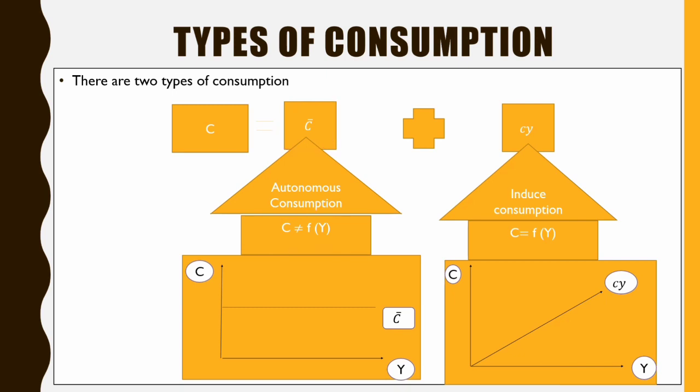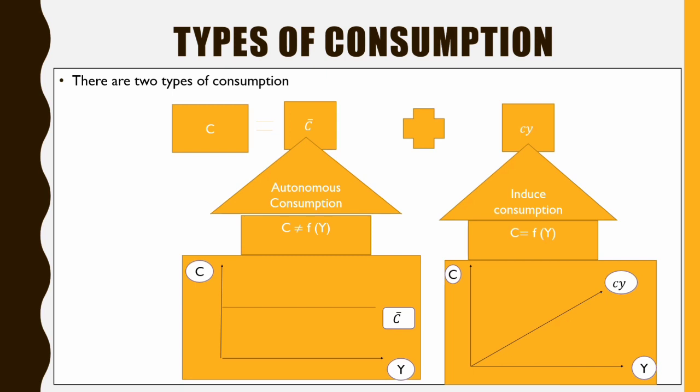The C bar line is parallel to the horizontal axis, meaning that C bar, the autonomous consumption, remains constant for all levels of disposable personal income, whether the income is zero, increases or decreases. This type of consumption remains constant.